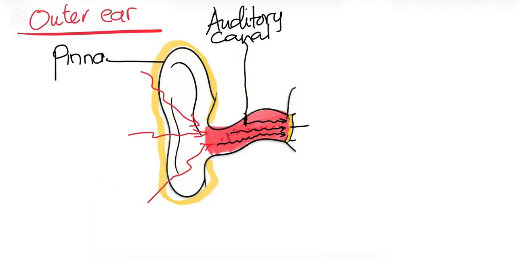So this next part that I've just colored yellow is the tympanic membrane. The tympanic membrane is colorless, and it actually vibrates when it is hit by these sound waves that I was talking about. When they get there, it starts to vibrate.